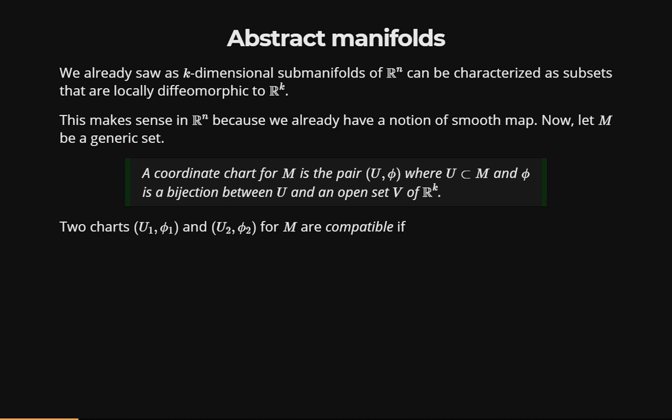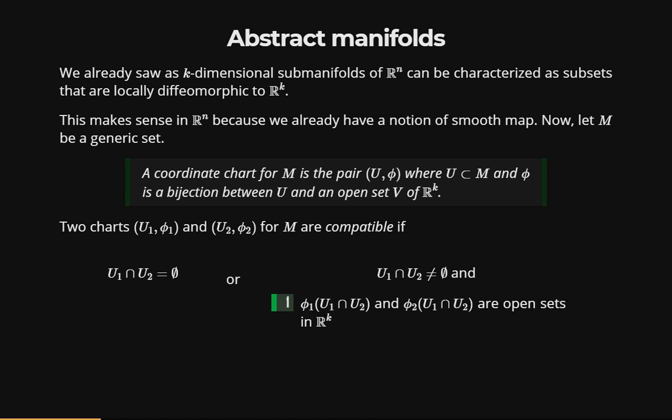Now, if you take two charts, so you have two sets on your M and two functions to Rk, they are compatible if either they are disjoint, so that the two sets on M don't intersect, or they are not disjoint and two things happen. First, they're not disjoint, it means there is an intersection between the two sets.